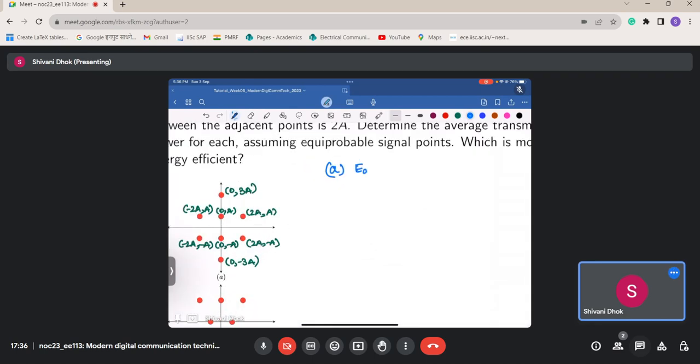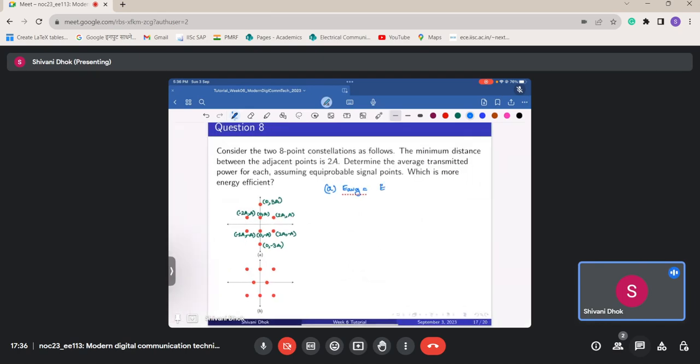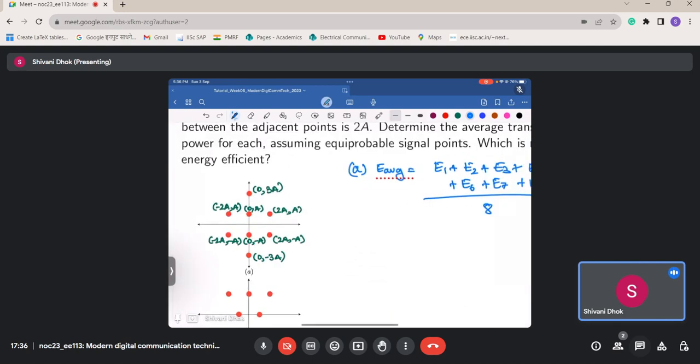Right. So E average will be equal to E1 plus E2 plus E3 plus E4 plus E5 plus E6 plus E7 plus E8, whole divided by 8. And let me number these also, starting from the top: 1, 2, 3, 4, 5, 6, 7, 8.